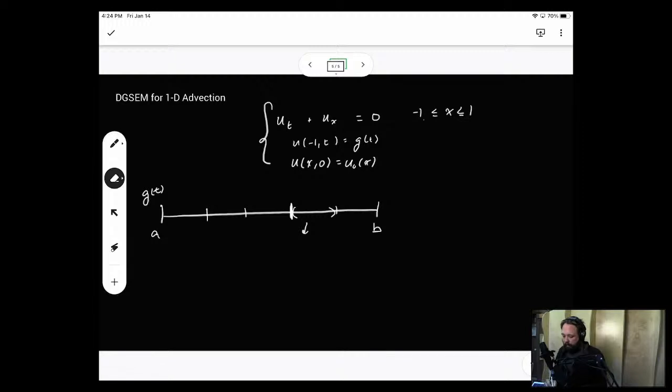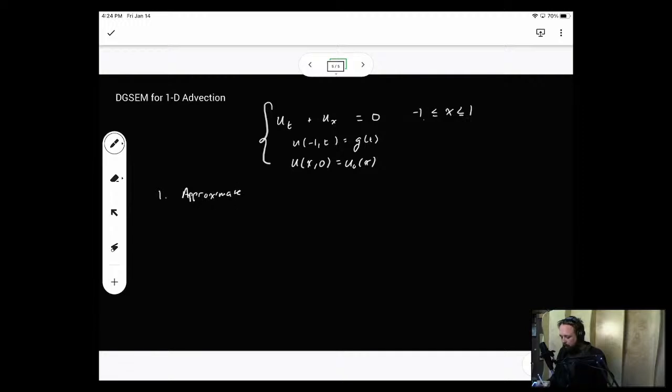That's the big picture. To get to the weak form that we're looking for in the DG methods, one, we're going to approximate u by a polynomial, particularly by its interpolant. So u is approximated by the interpolant of u, the sum k equals 0 to n, u_k, l_k of x.